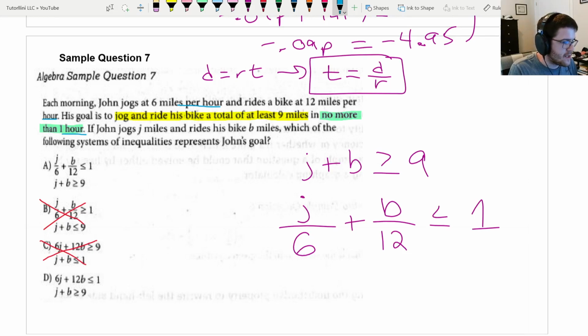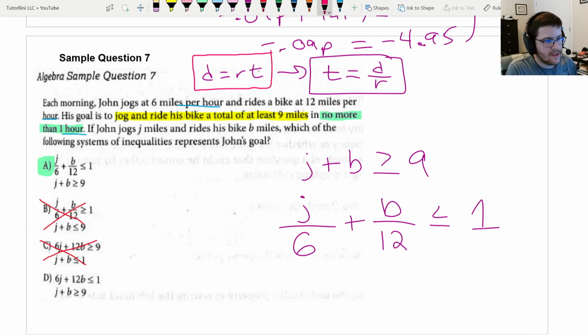Okay, so it's looking like answer choice A is right. So again, I think the big takeaway from this question is that you understand D equals RT and how to get each of those R and T by themselves. You just divide. Great, let's keep going.